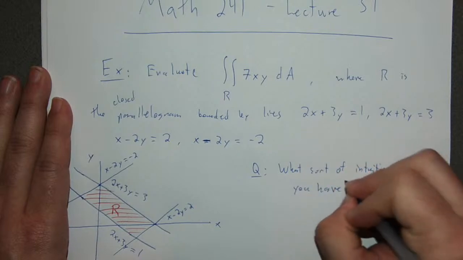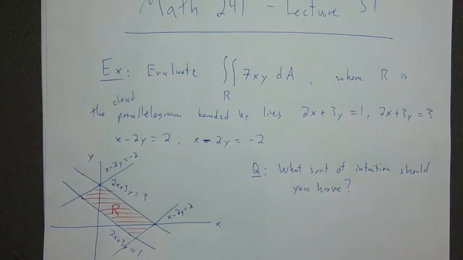Remember that what we are trying to do is come up with a region in some UV plane, a region in some other plane described by two variables, that is nice. Ideally it would be simple, or at least vertically simple, so that we could do this integral in one go.